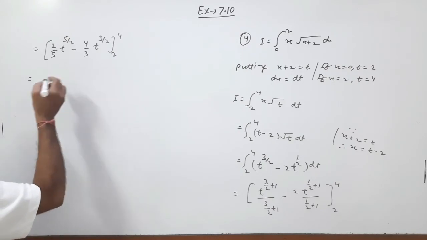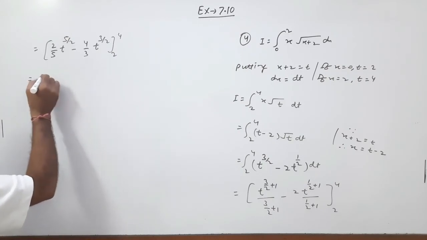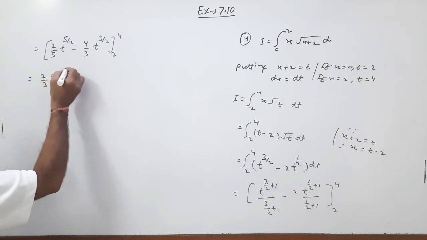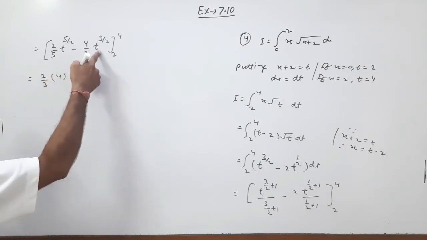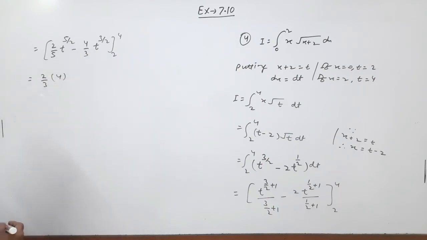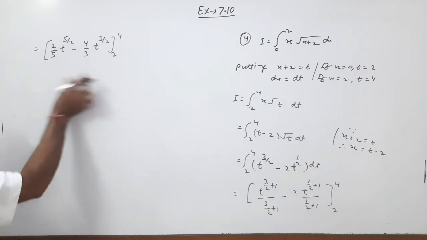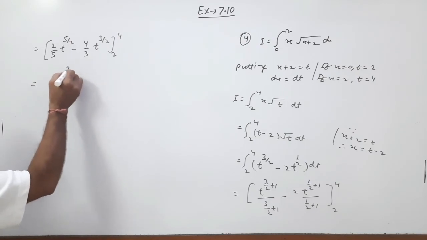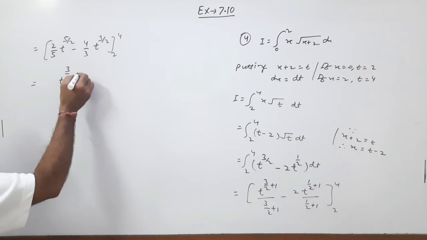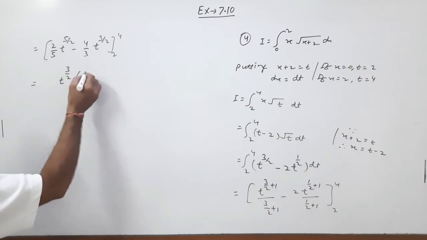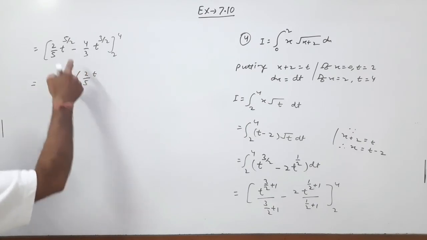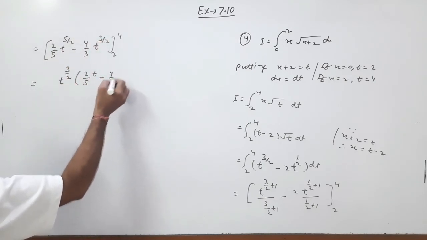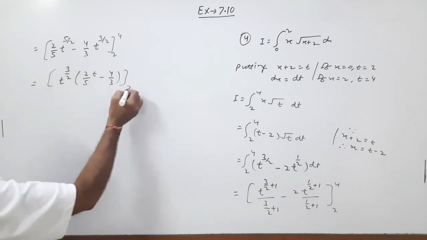And by taking the limit from upper limit to lower limit, we can also take out t to the power 3 by 2 common. Inside the bracket we can write 2 upon 5 t, because 5 by 2 minus 3 by 2 is 2 by 2, that is t, and minus 4 upon 3, and the limit is from 2 to 4.